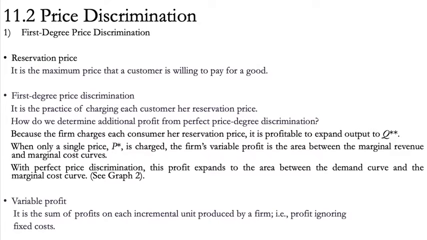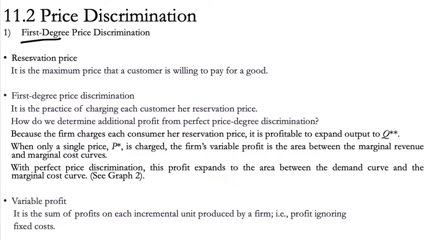We want to look at the first degree price discrimination first, then we need to understand the concept of reservation price. What does it mean by reservation price? It is actually the maximum price that a customer is willing to pay for a good. So that's reservation price.